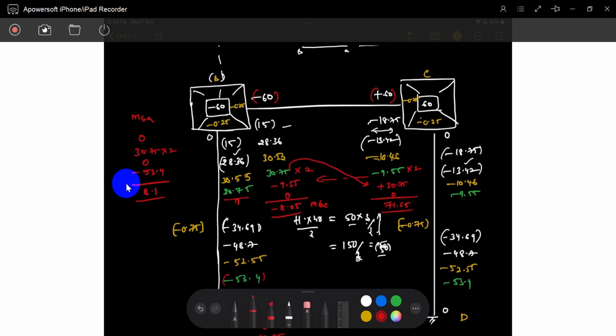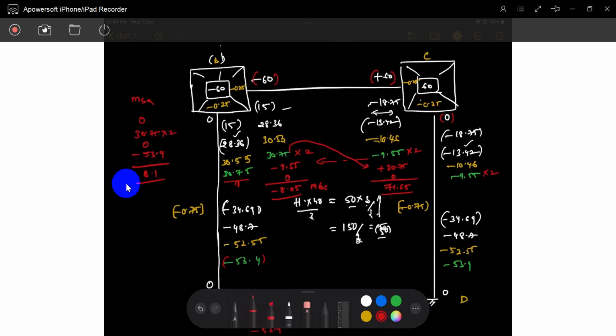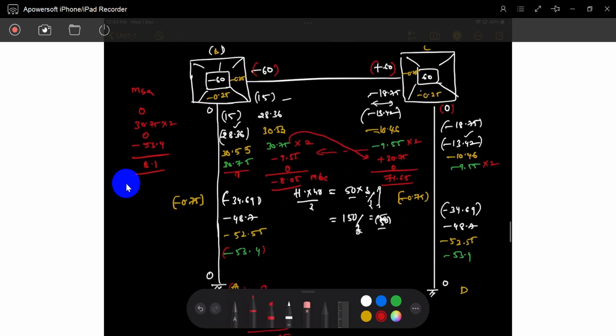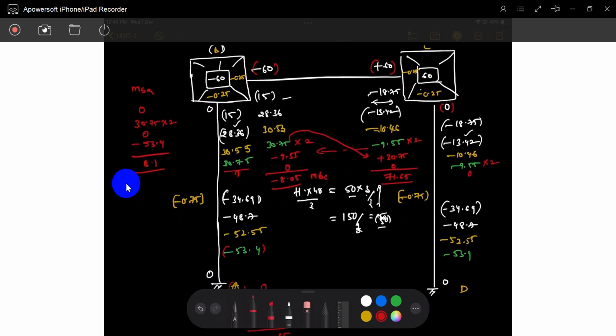For MCD, fixed end moment is 0, own contribution is 2 times, the far end D is 0, and translational is minus 53.4. You will get minus 71.65. This is MCB, and this is MCD.